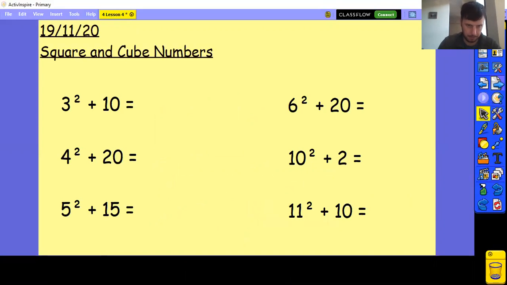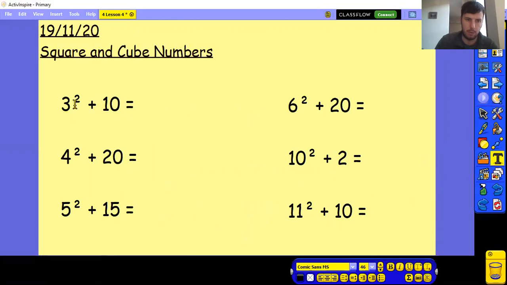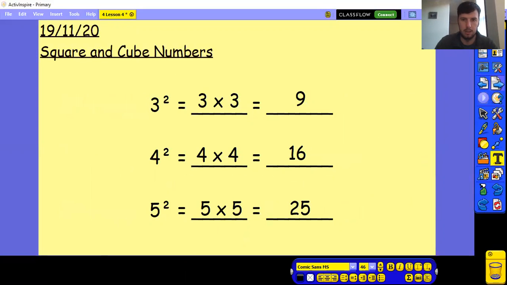Right, so we're going to make it a little bit harder now. This time we've got 3 squared, add 10. So I know 3 squared is 3 times by 3, which equals 9. 9 add 10 equals 19. Spot on.